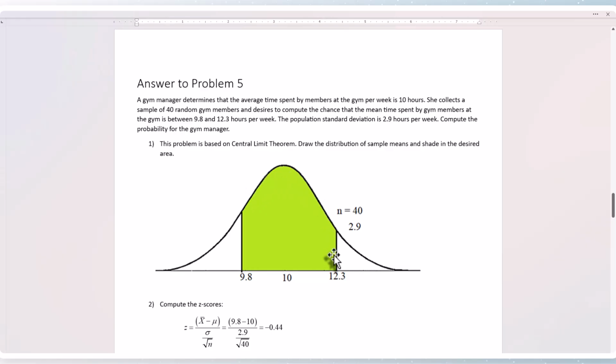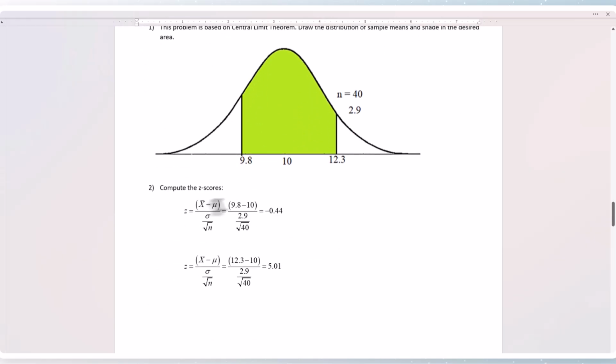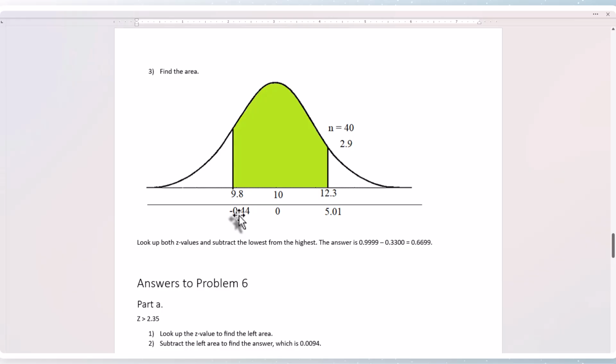That represents the probability. So we have to use the z-values for the central limit theorem because we're given a sample size here. We calculate the first z-score, negative 0.44. Calculate the second z-score, 5.01. So we're trying to find the area between negative 0.44 and 5.01.